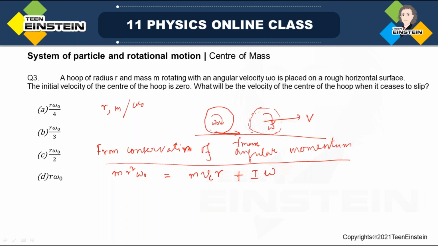So what is this I here? I is actually the moment of inertia of the hoop, that is m r square.